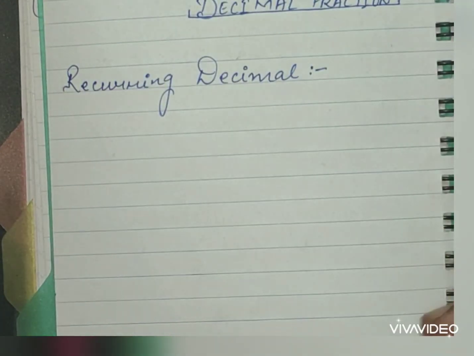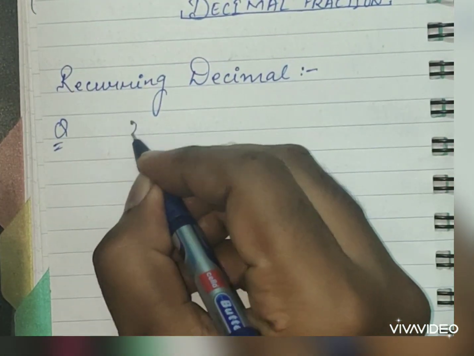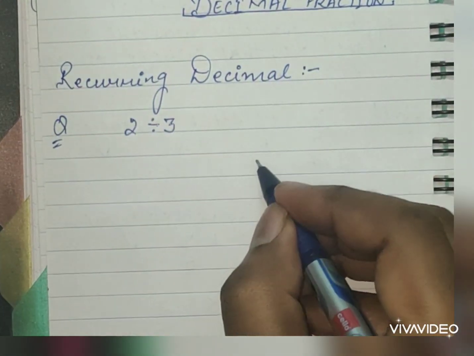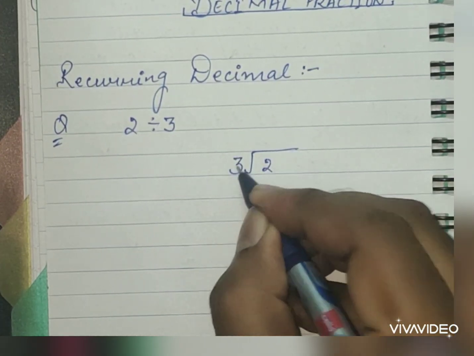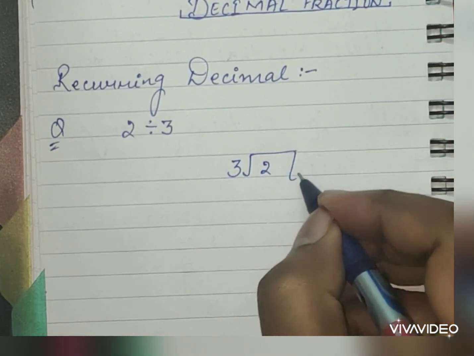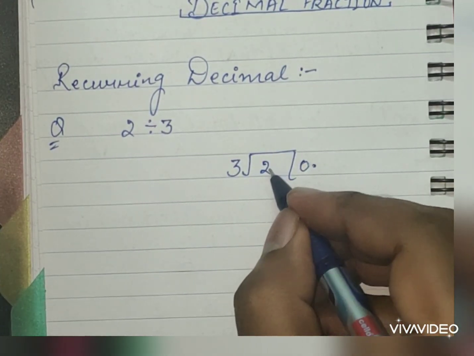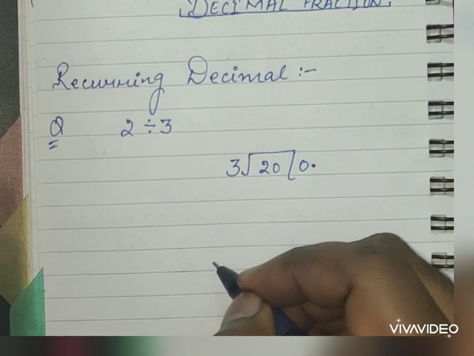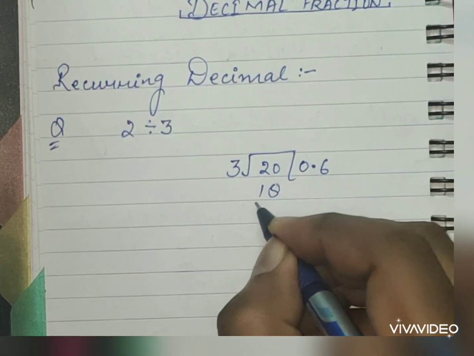Let's see how. For example, a question is given to you: 2 divided by 3. Dividing 2 by 3, because it is less, we put 0 over here and put a decimal, then it becomes 20. 3 6 is 18.